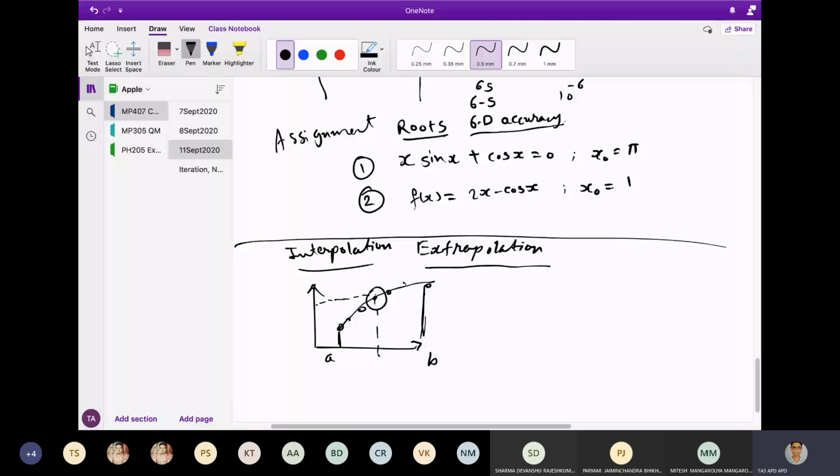But if you are going beyond this range, that means somewhere greater than B or less than A, and you want to estimate the value of the function f of x from the given value of x, that is called extrapolation.